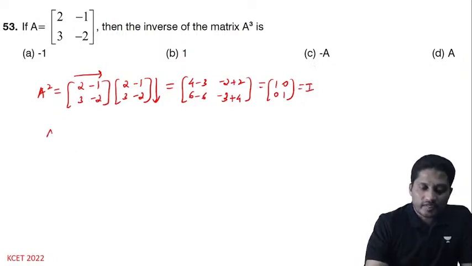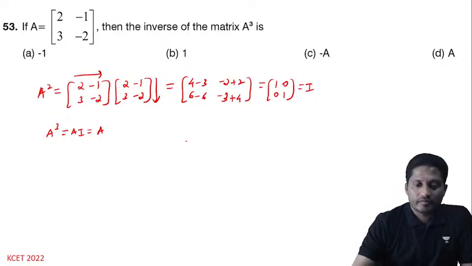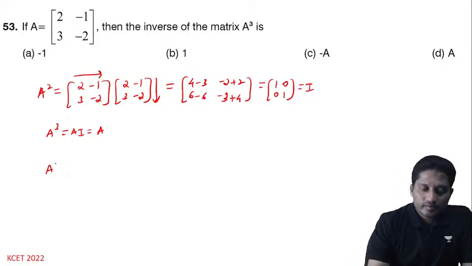Okay, now let us find out A cube. A cube is equal to A into I, which is equal to A. Now I should find inverse of A cube. Inverse of A cube is same as inverse of A, because A cube is A. A inverse is 1 by determinant A into adjoint of A. Determinant A is minus 1, right?